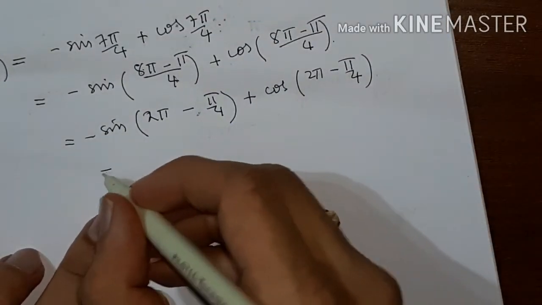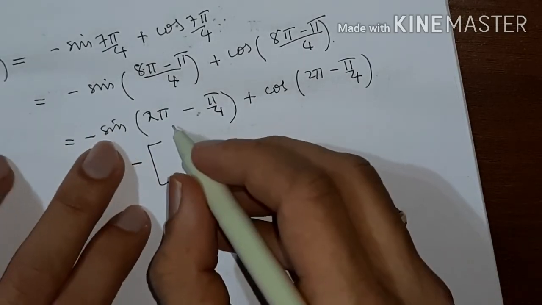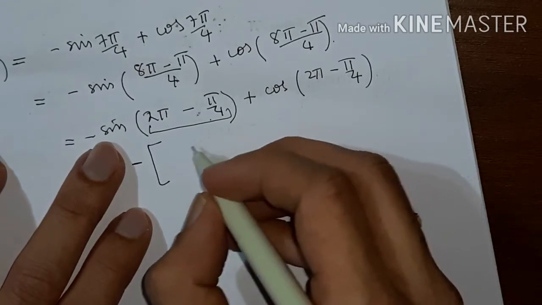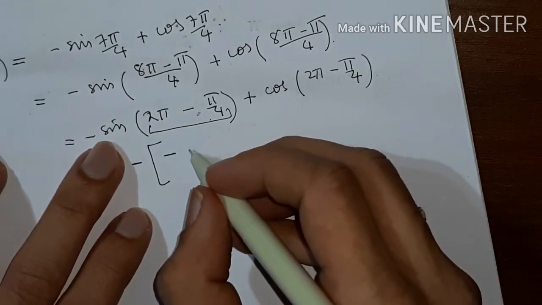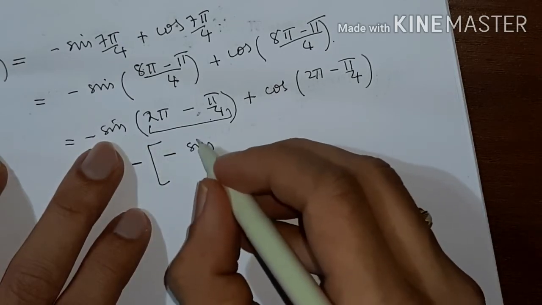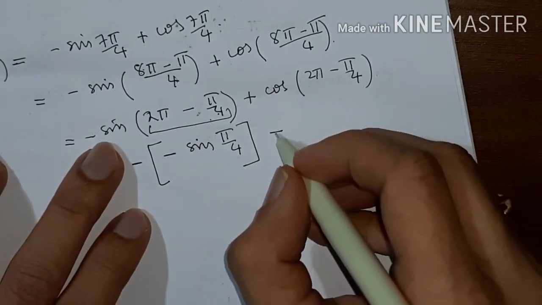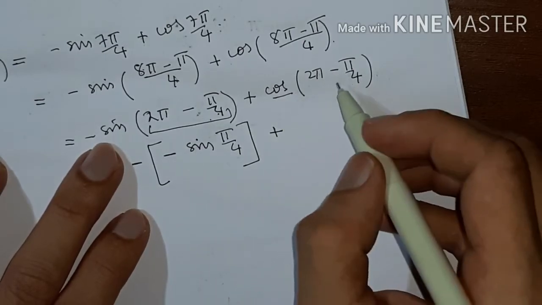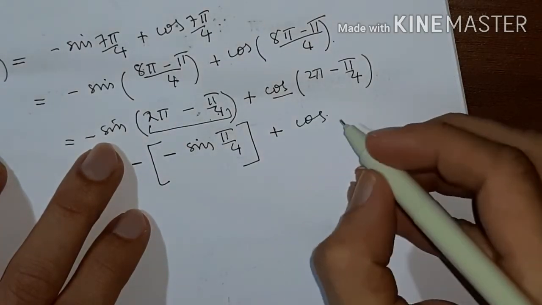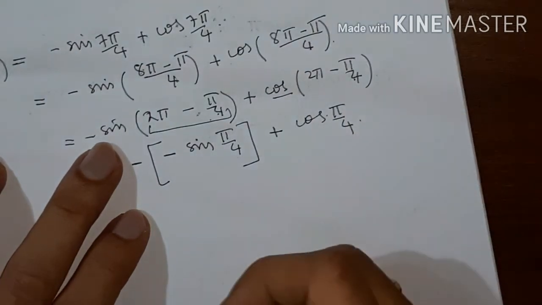Okay, and what you will get here then, see, you are in the fourth quadrant now, so for 2 pi minus pi by 4, sine is negative there. So minus of, the ratio remains the same, and the theta without the sign, so pi by 4. Plus cos is positive in the fourth quadrant, so plus the ratio remains the same, cos, and theta without the sign, so pi by 4.